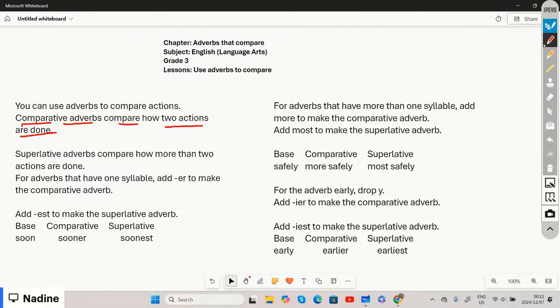And then we have superlative adverbs. A superlative adverb compares how more than two actions are done.